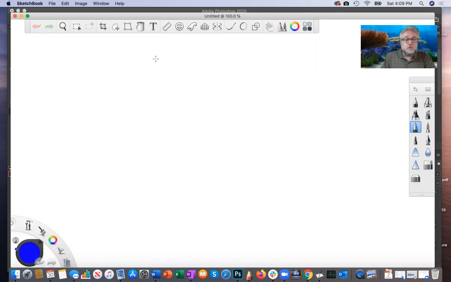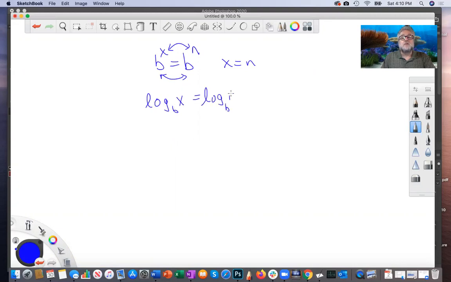And the most important one to remember is if b to the x equals b to the n, if the bases are the same, then the exponents have to be the same. And likewise, log to the base b of x equals log to the base b of n.